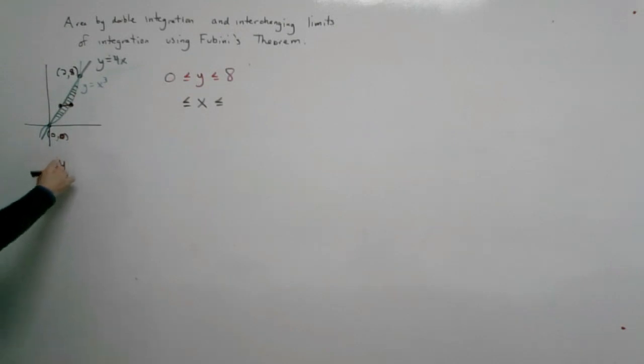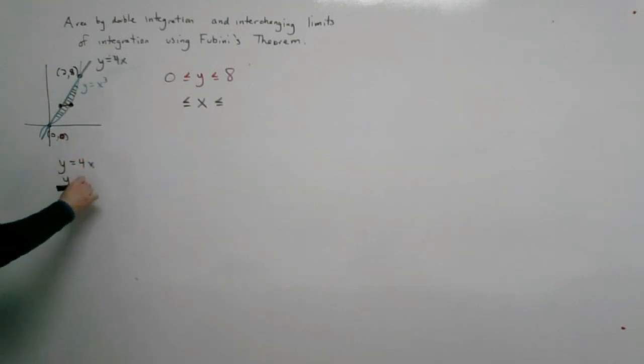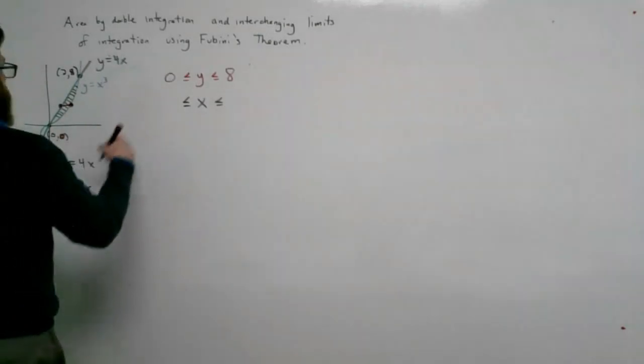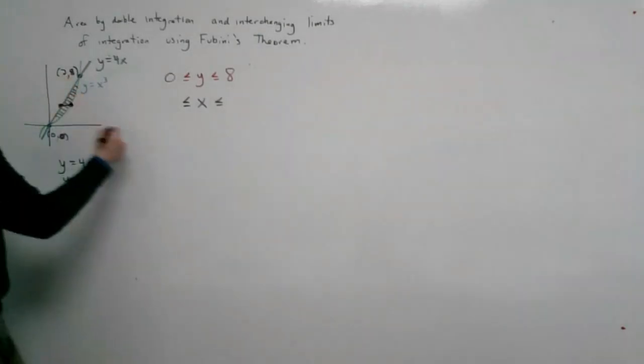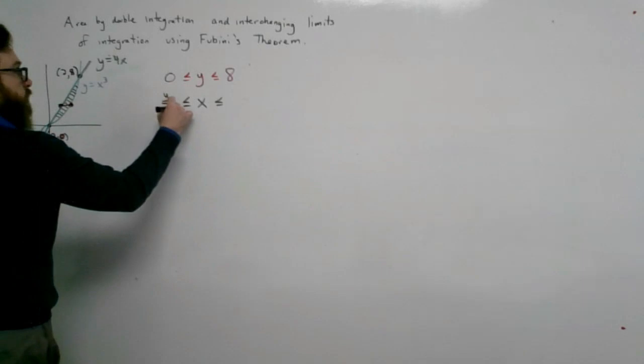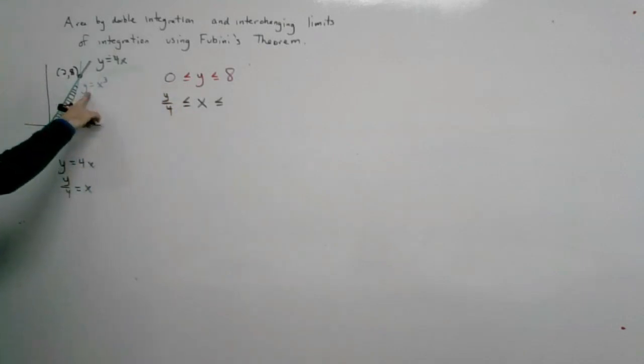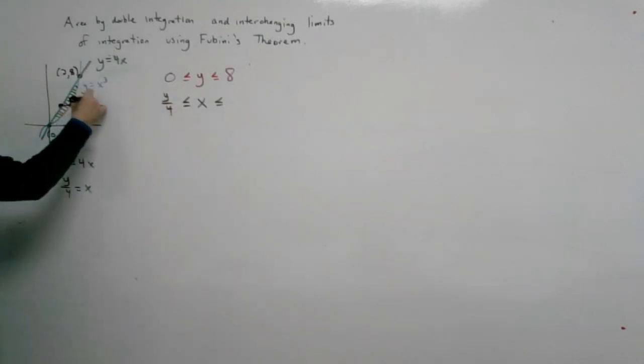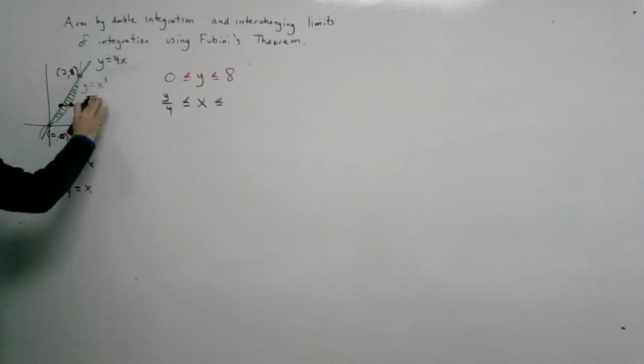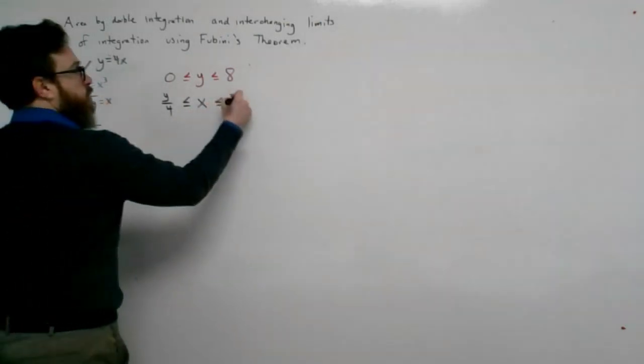If I solve this for x, I have y over 4 equals x. So this point right here is on that linear equation, which is y over 4. And similarly, I'm going to have to solve this one for x as well. Solving that for x, you have the cube root of y equals x. So that's the cube root of y.